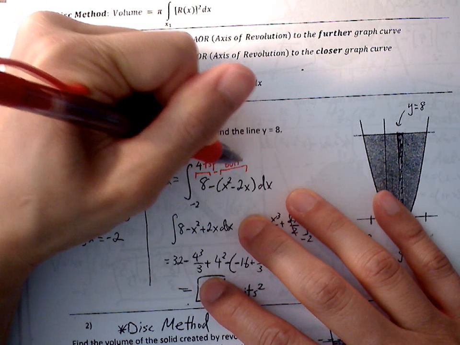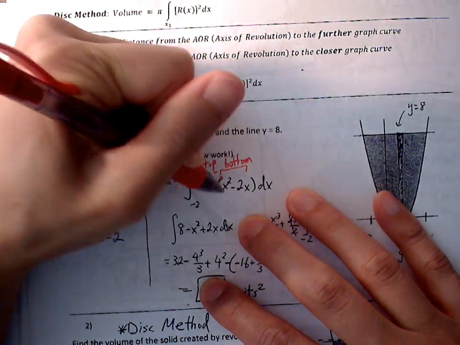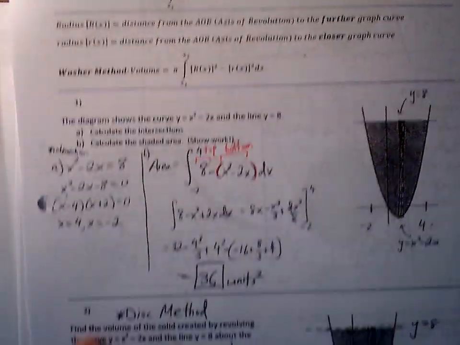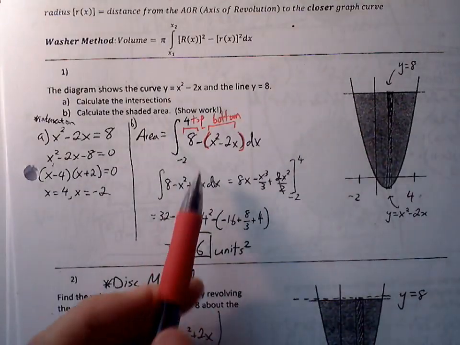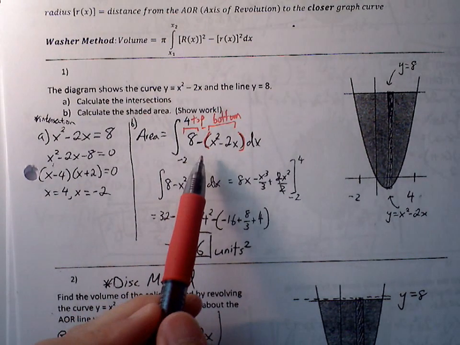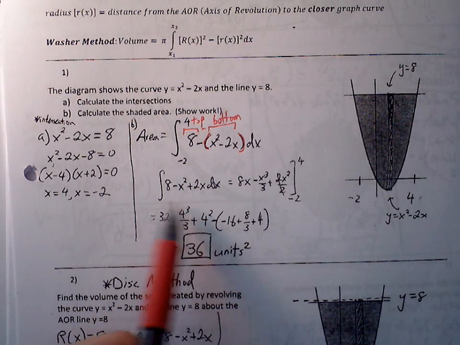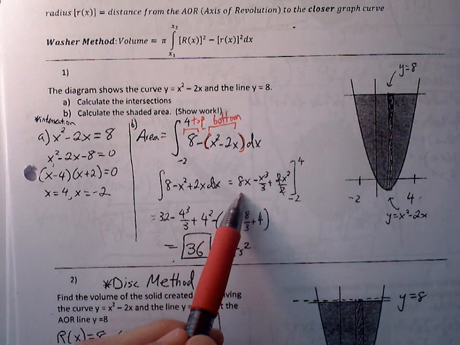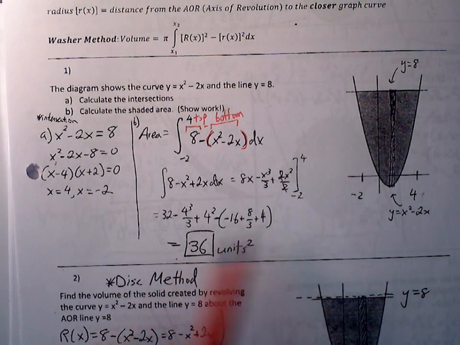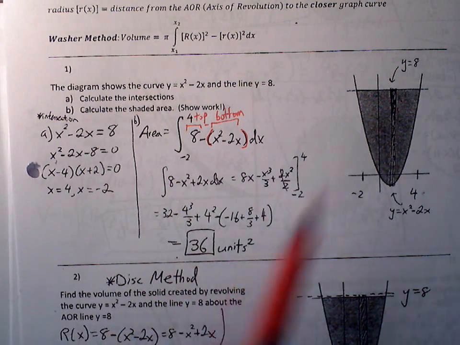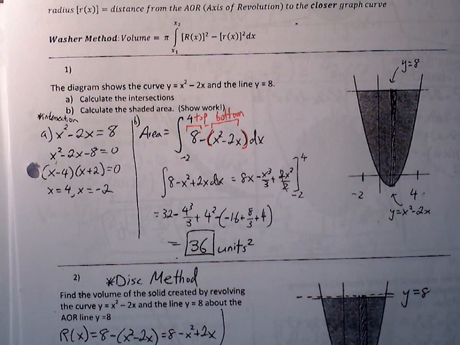We want to make sure that we protect the bottom function with a set of parentheses so we don't forget to distribute. From there, we can either use our calculator or work this out by hand, use power rule, evaluate upper and lower bounds, and we get a calculation of 36 square units for that area.